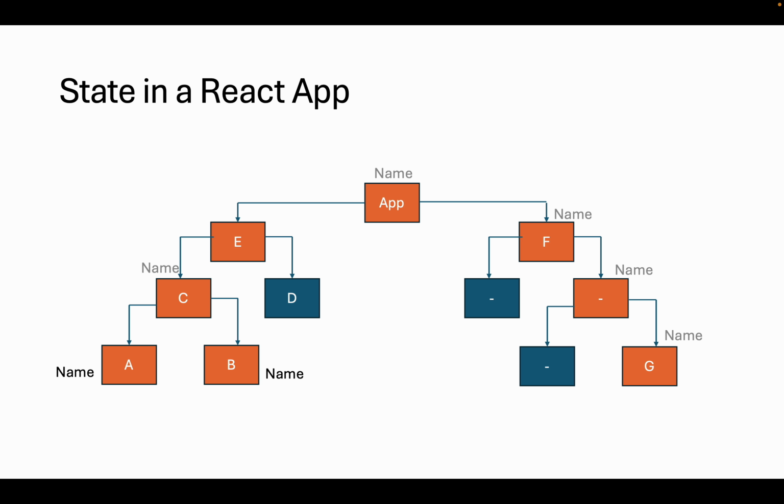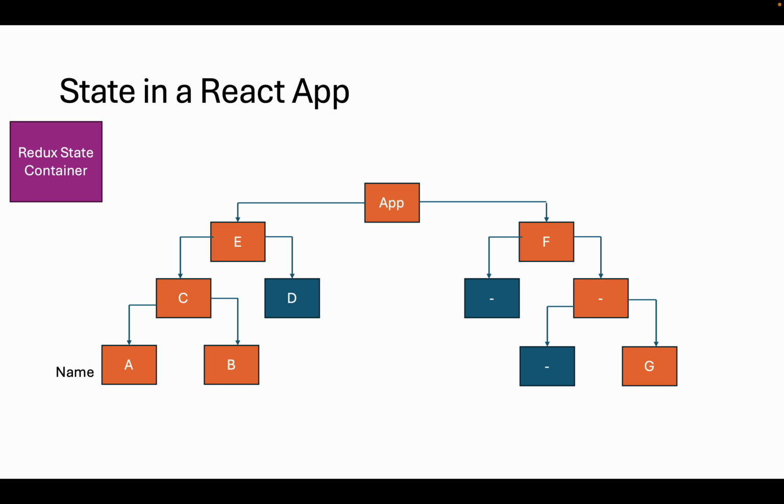For that, the solution we have in React is the Redux state container. You can embed the Redux Toolkit or Redux library in your React application, and that will help you maintain all the state separately from your application.